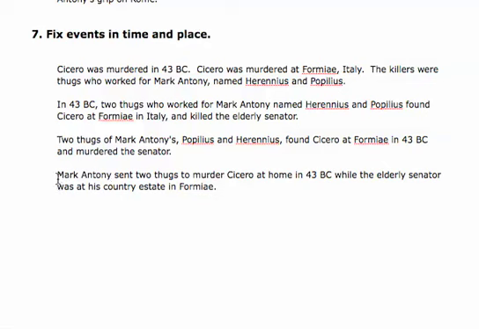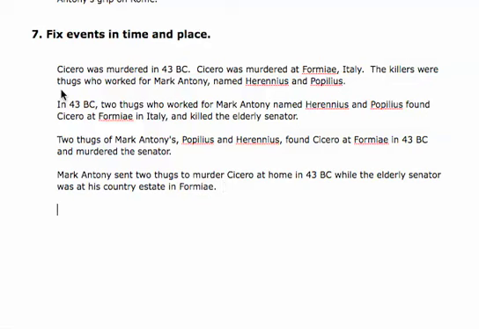And now we're making it clear that Mark Antony is the overall arranger of the murder, and that Cicero is murdered at home in 43 BC, and that the murder takes place in Cicero's home.